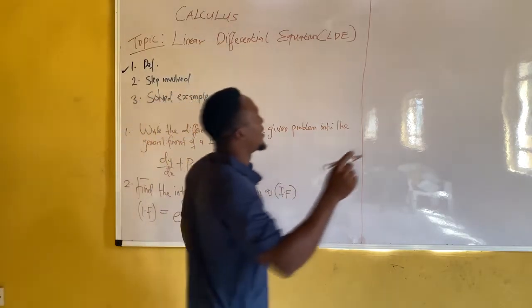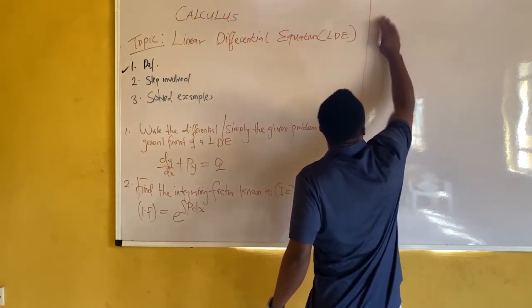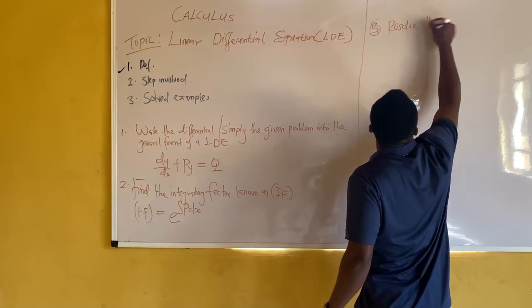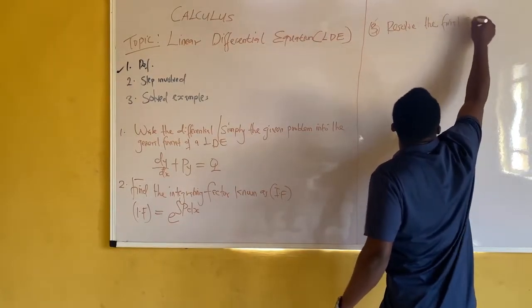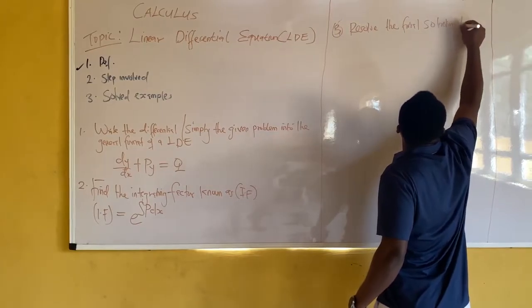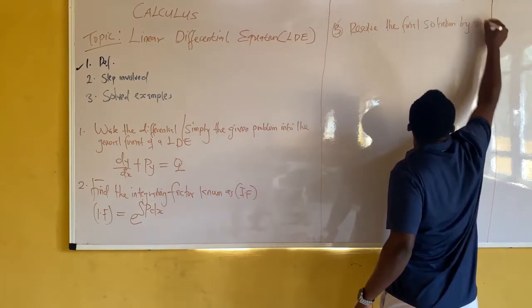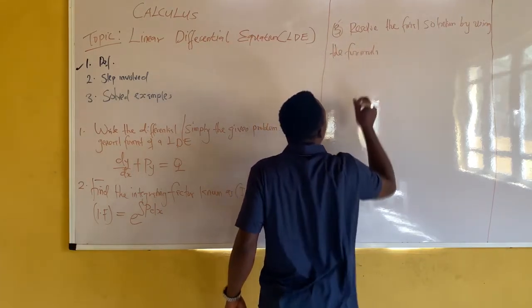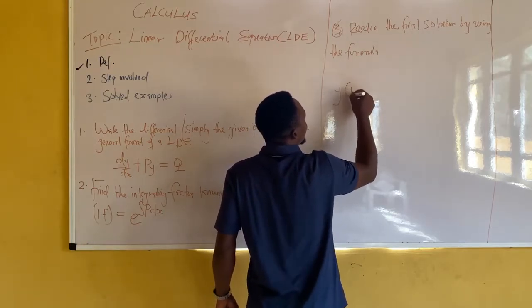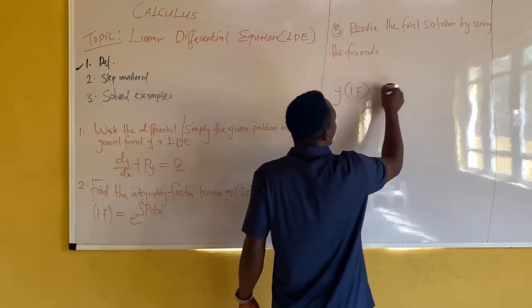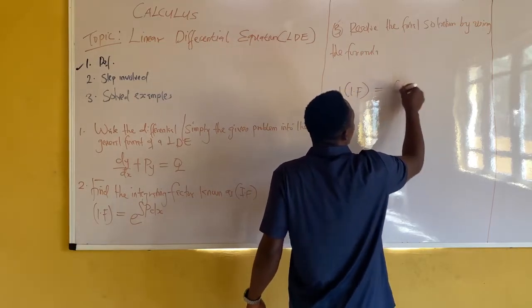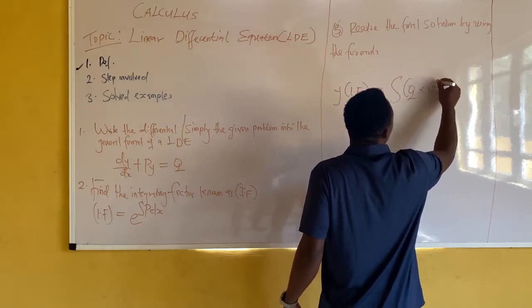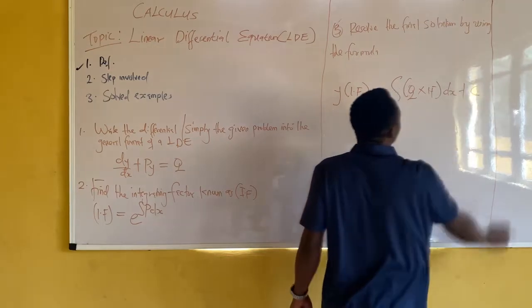Then the last step is to now resolve the final solution by using the formula: y times integrating factor is equal to integral of q times integrating factor dx plus your constant of integration.